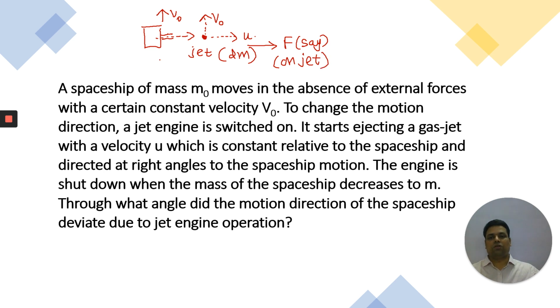In reaction, the jet also gives a force to the spaceship in this direction, and the ejected jet is giving force which is perpendicular to V naught, hence V naught magnitude remains the same. So because of this additional force directed always perpendicular to V naught, the spaceship will move along a curve which can be described with some center and radius of curvature.